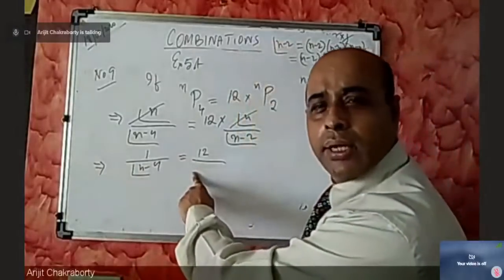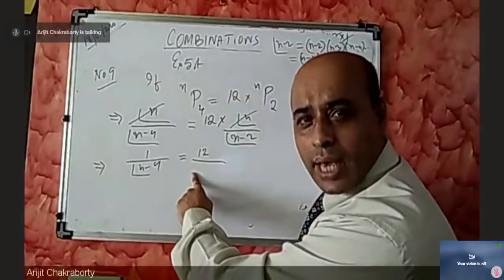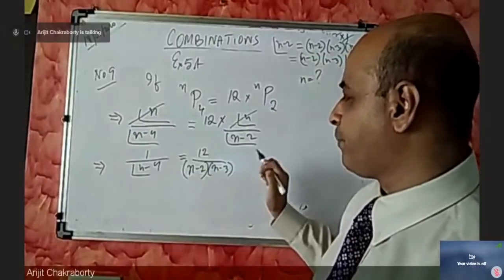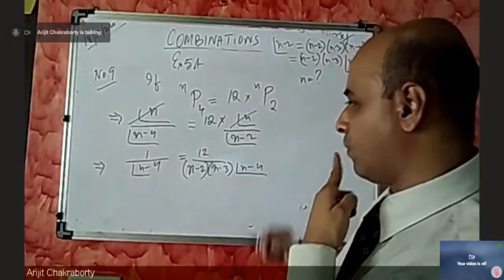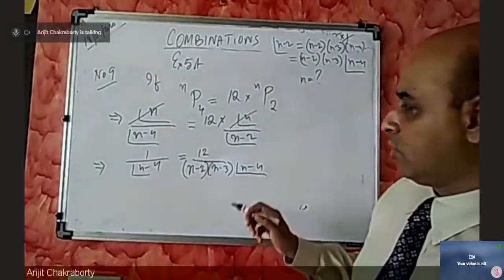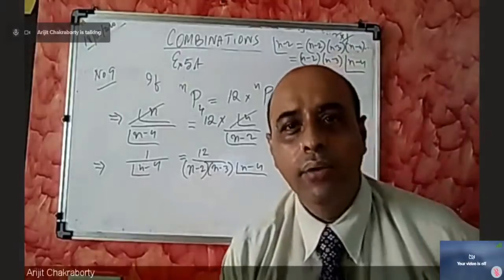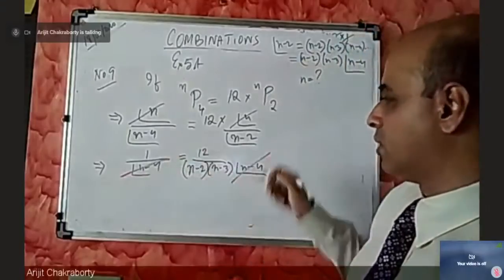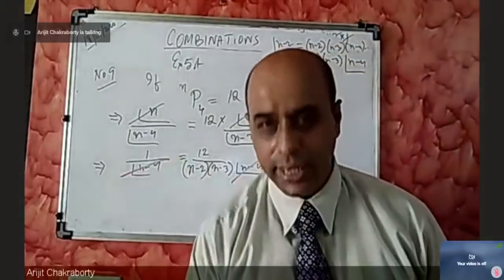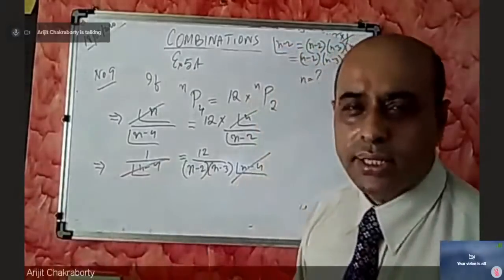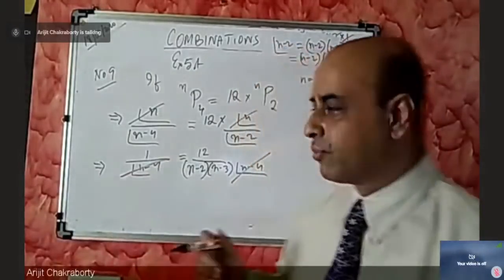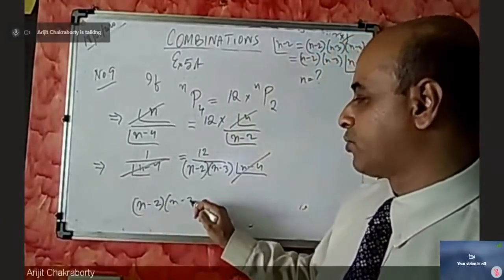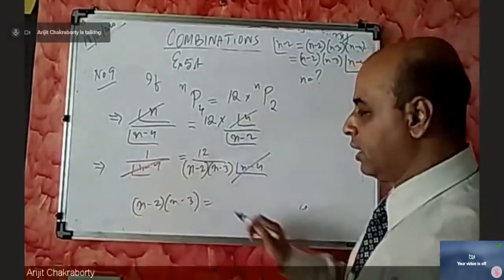So from both the sides, I will cancel what is common. (n minus 4) factorial is common, so it cancels out from both sides. We are left with (n minus 2) into (n minus 3), and cross multiplying, equals 12.